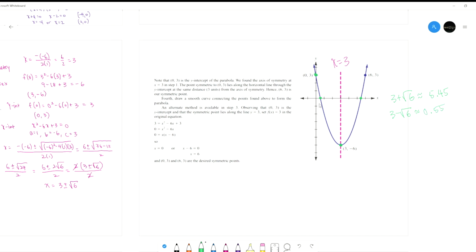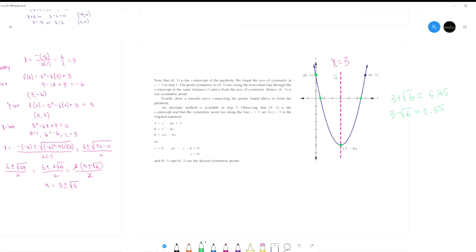So as you can see, the graph crosses the x-axis around 0.55 there and 5.45 over there on the right side. Okay?